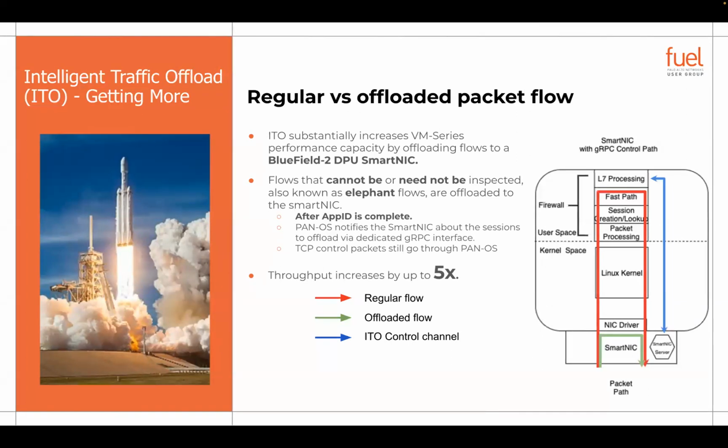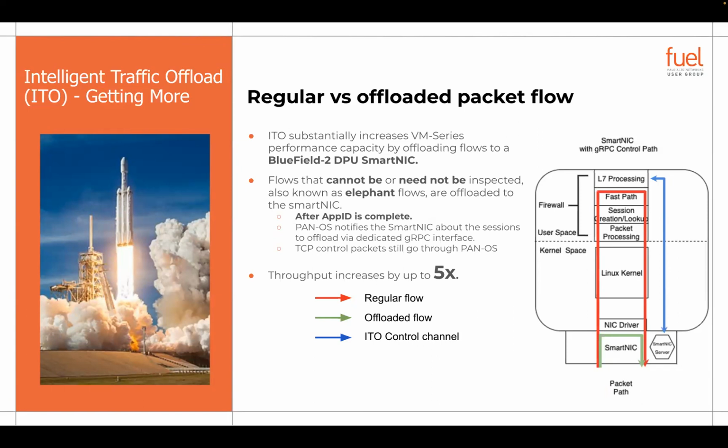Another capability that a number of customers have taken advantage of is a feature called intelligent traffic offload. This is something that's native really to the hardware firewalls. The hardware firewalls have what we call the Tiger chip, but there's essentially the ability to maintain a session table at the network interface level, so that not everything has to go round trip through the CPU.